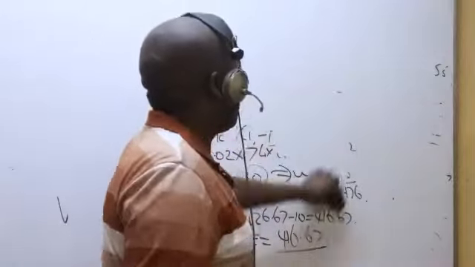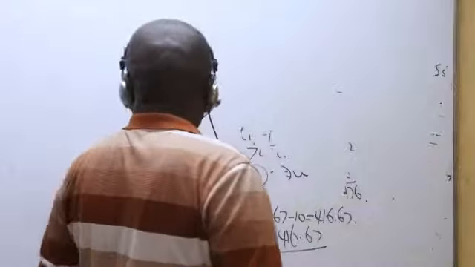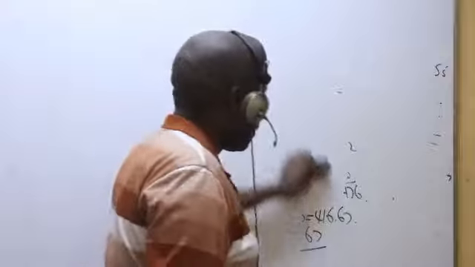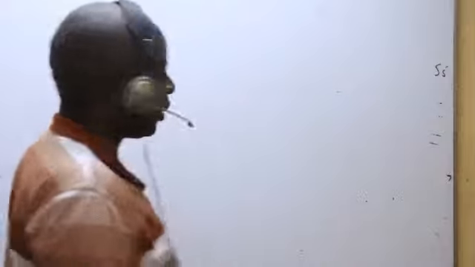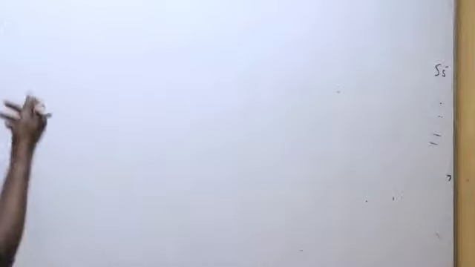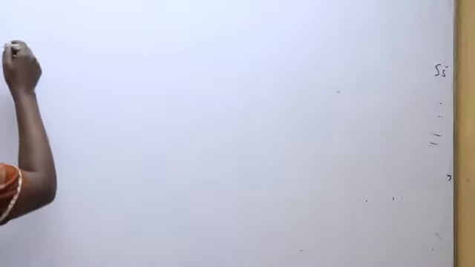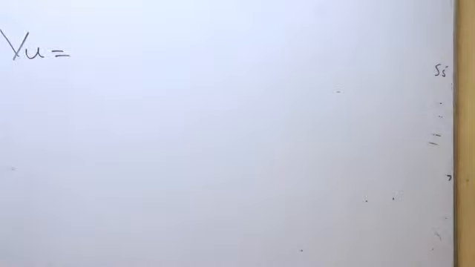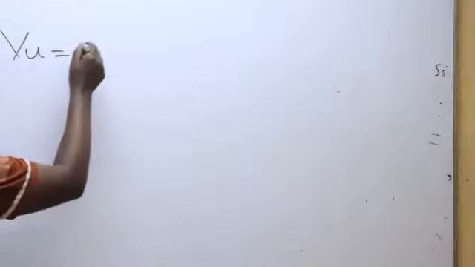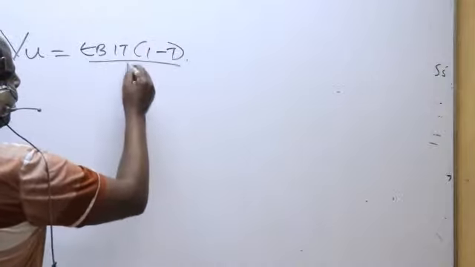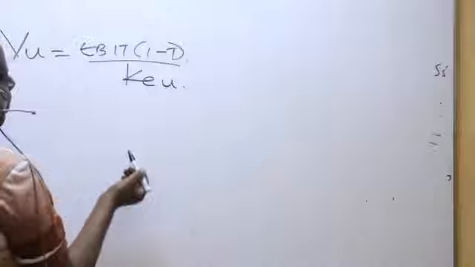So now, ladies and gentlemen, I don't even know why this examiner was leading. A good examiner should never lead students. You need to leave these students to struggle by themselves. They need to know that we shall always begin by giving the value of the unlevered firm, which in this case will be equal to EBIT into 1 minus tax, all over cost of equity of the unlevered firm.